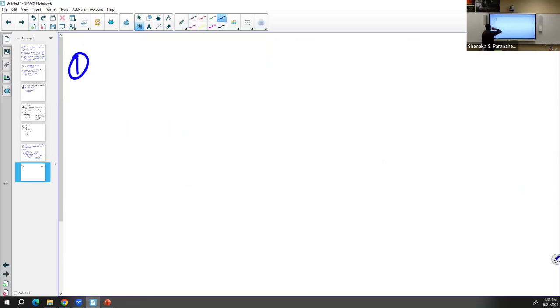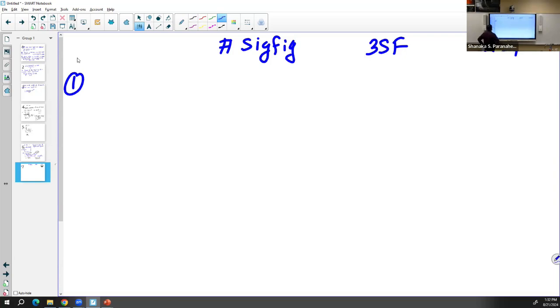First example, you're going to count the number of significant figures and then round to 3 significant digits and 2 significant digits. Okay, so this is how we are going to answer this question. This is a given number.